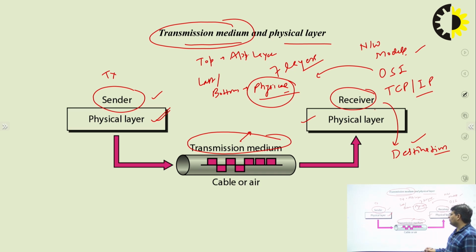An example of transmission media can be a cable or maybe air. How can we use air as a transmission media? This medium, air or any other, will be a wireless media.